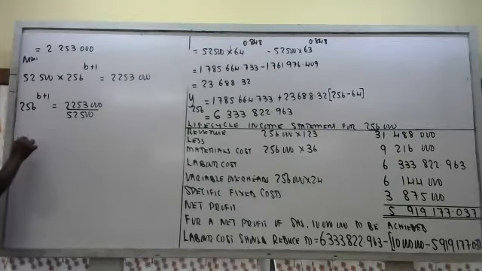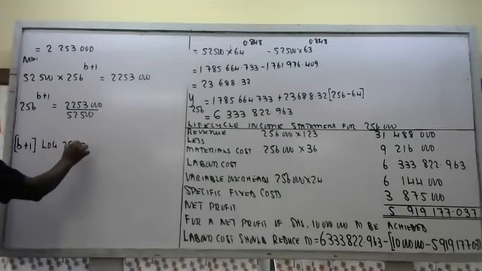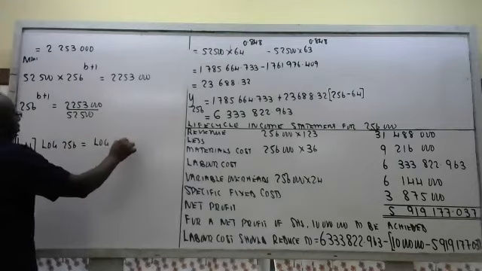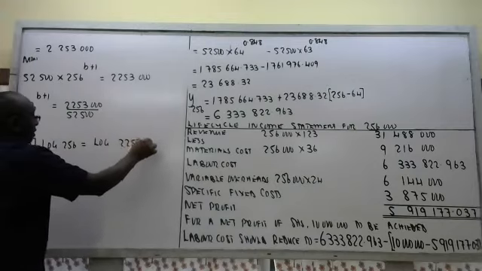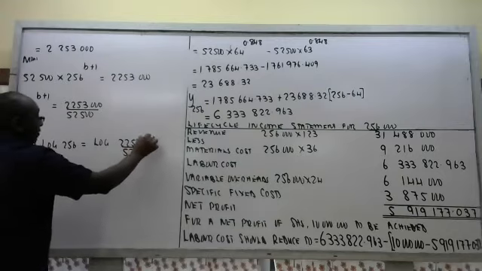So b plus 1: the logarithm of 256 raised to that is the same as the logarithm of 2,253,000 divided by 52,500.